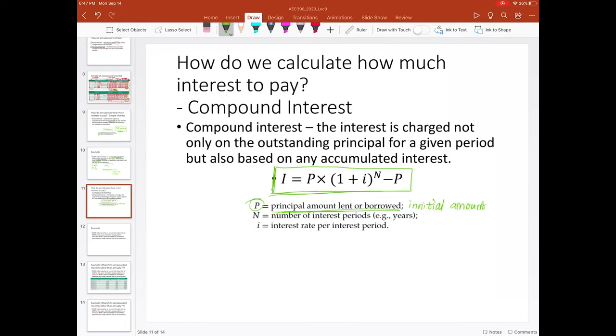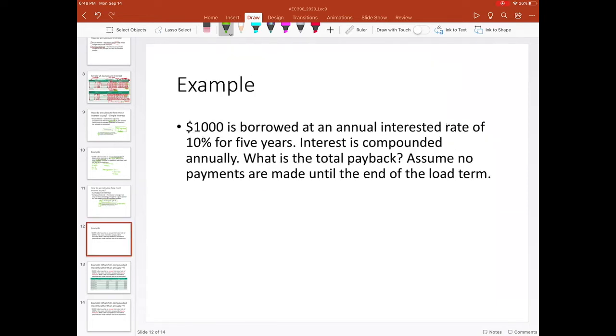And n still is the number of interest periods, and i is the interest rate per interest period. So the definitions of all the letters are the same. It's just the form of the equation that is different. But this equation will give you the total interest of the compound interest method very quickly.